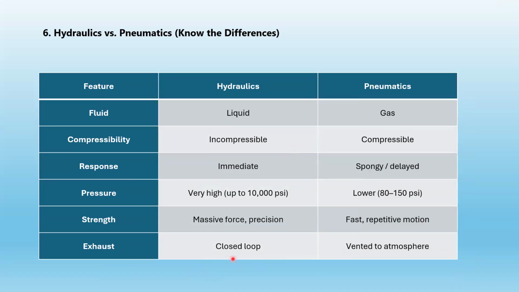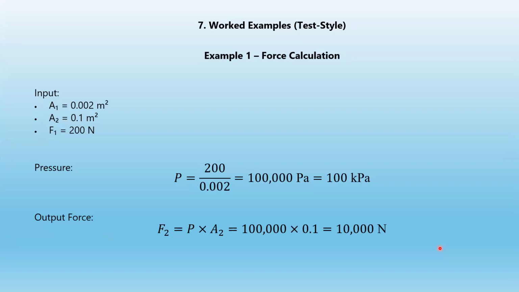Moving on. So here, closed loop, or the exhaust is vented to the atmosphere, if it's air. If there's a special case, maybe some medical lab or whatever else, then we might have to have a closed system for pneumatics.